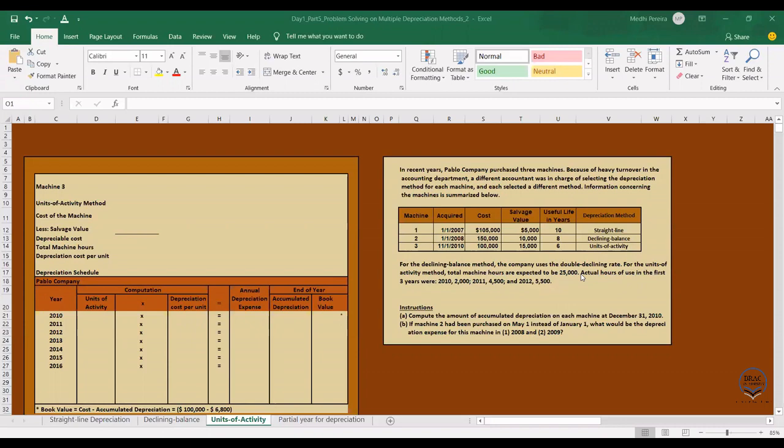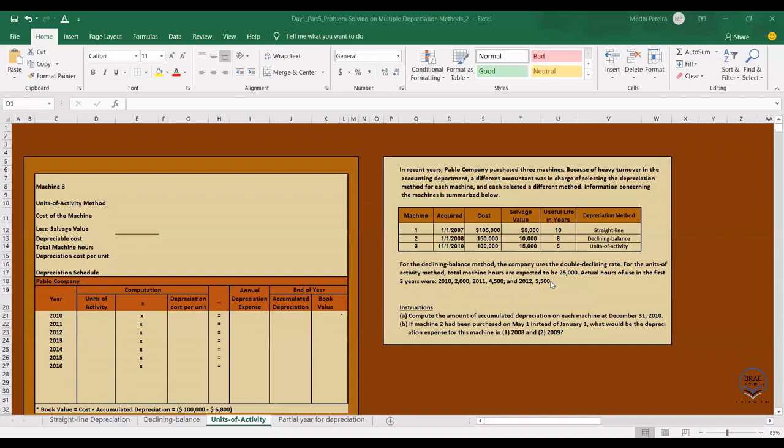And then some other information is also given, that is the actual hours of use in the first 3 years. In 2010 it was 2,000 hours, in 2011 it was 4,500 hours, and in 2012 it was 5,500 hours.